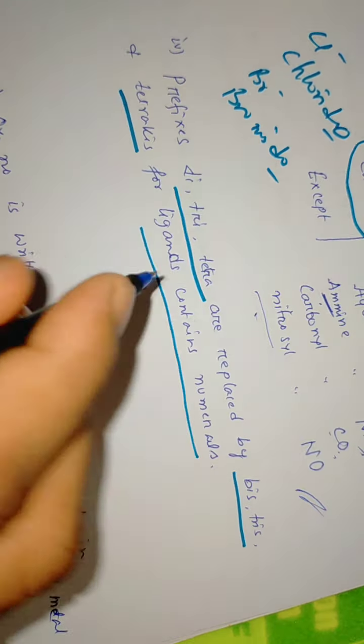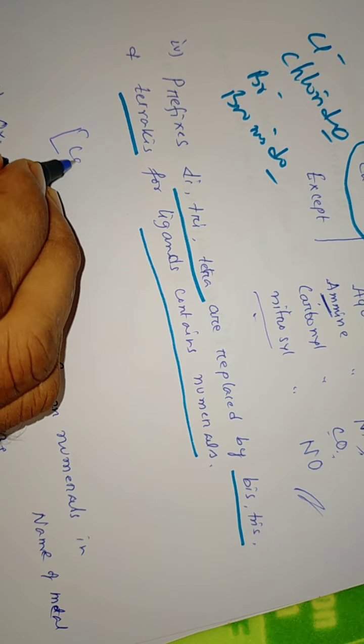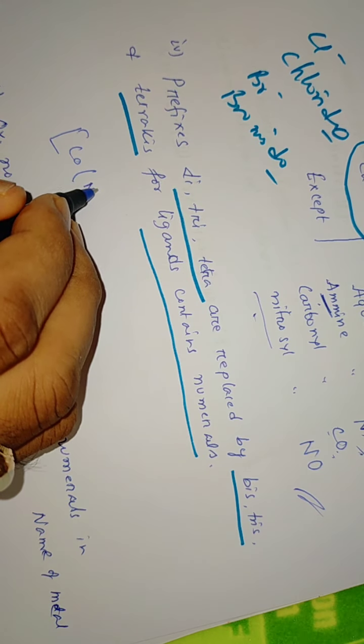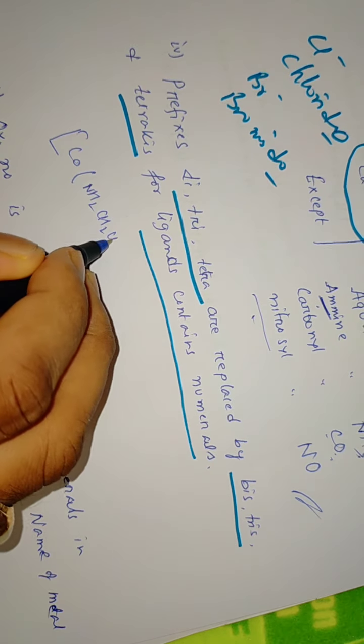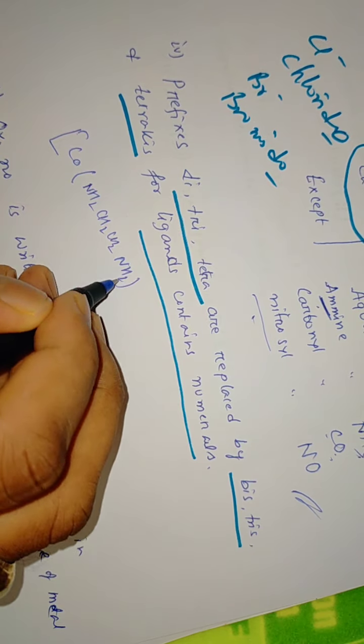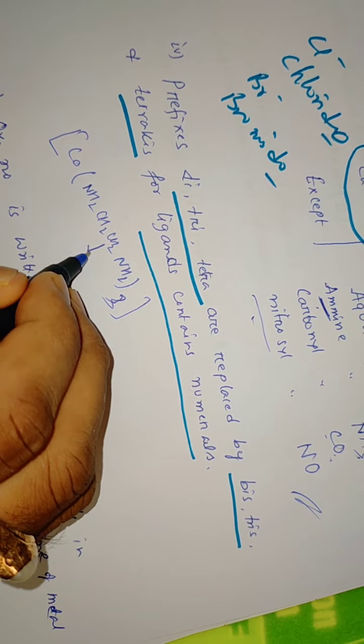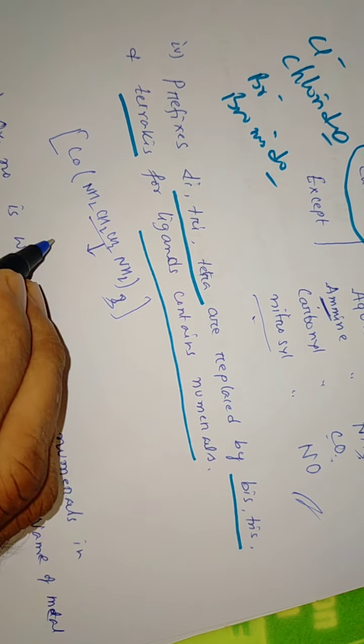For example, student, if you have written one complex I am taking, Co(NH2CH2CH2NH2) 3 times. The name of this ligand is your carbon, how many carbon? 2 carbon.